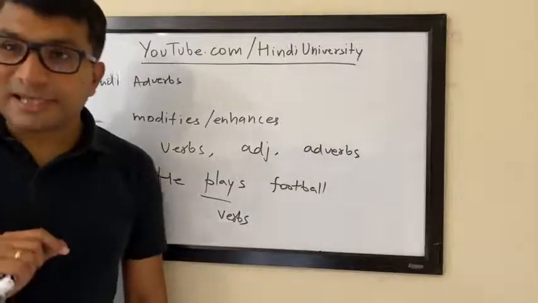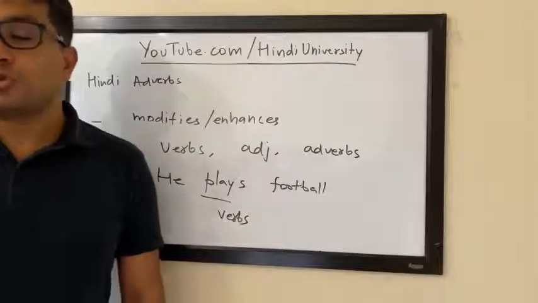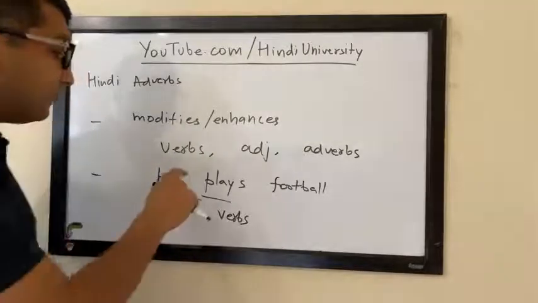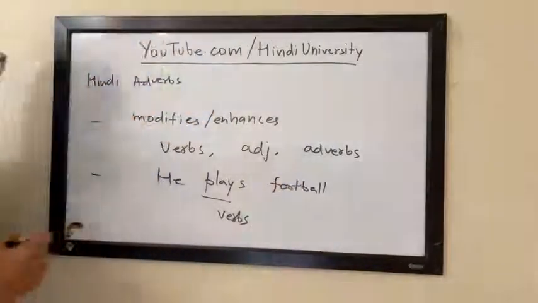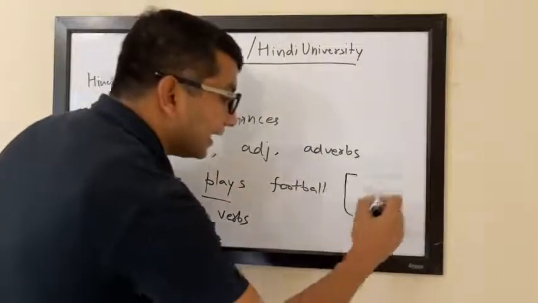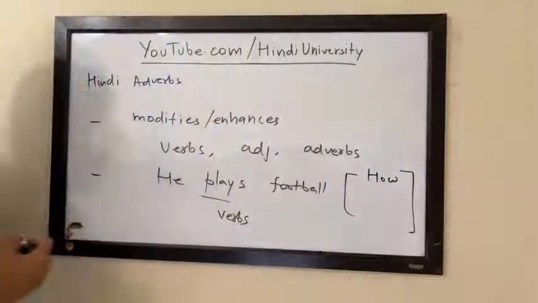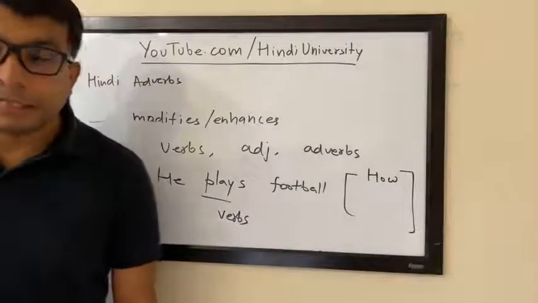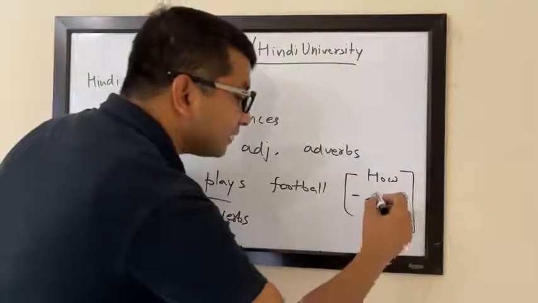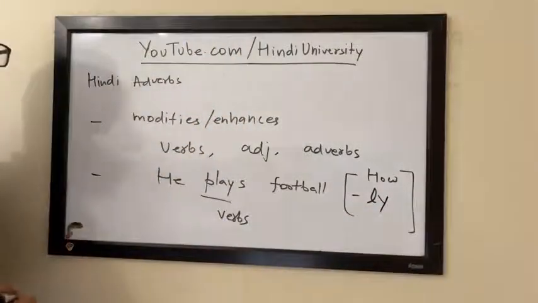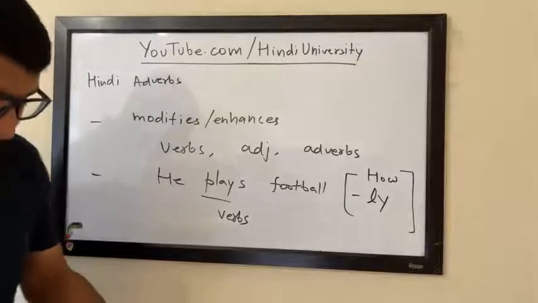In this case, they are describing how this person plays. Those are adverbs of verbs. We discussed those in the previous class, the adverbs that describe the how part. Skillfully, patiently, aggressively, a lot of the words that end with ly, they all are adverbs. So that's the one category we discussed.